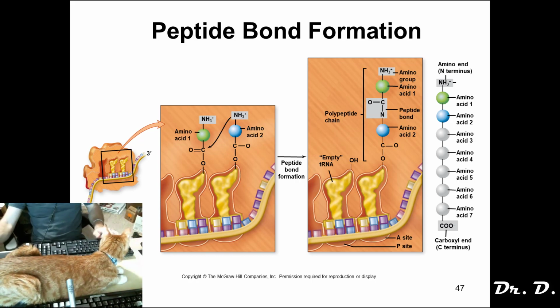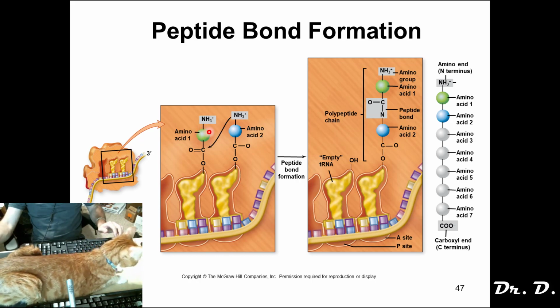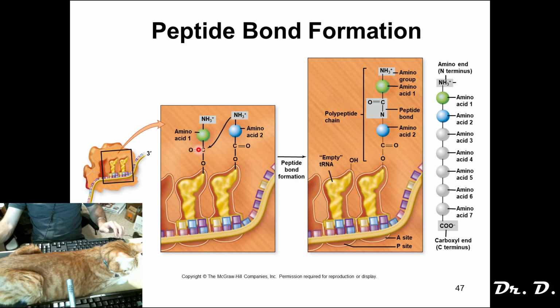Okay. So here's what happens in the P site. This amino acid is hydrolyzed from this tRNA, and a peptide bond is formed between this carboxyl group, right? Remember, amino acids have an amino group, a carboxyl group. There's a bond that forms between this carboxyl group and the amino group on the next amino acid.